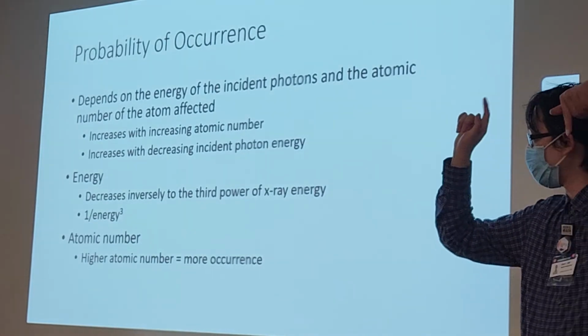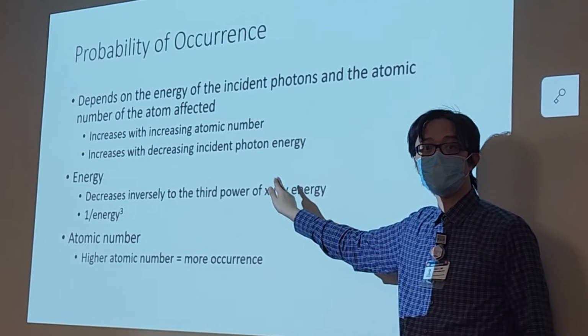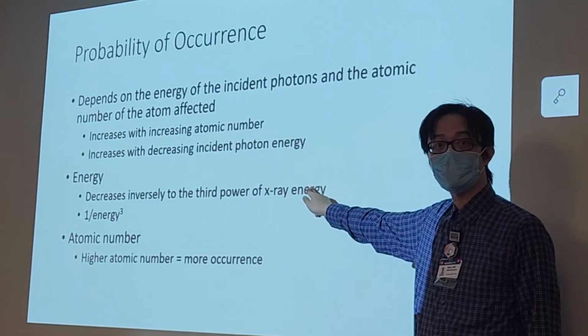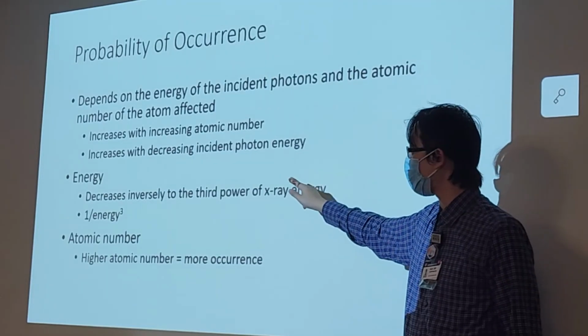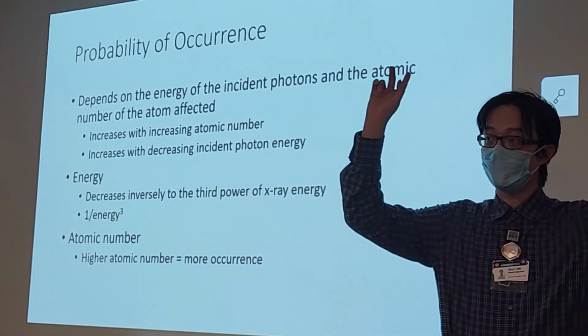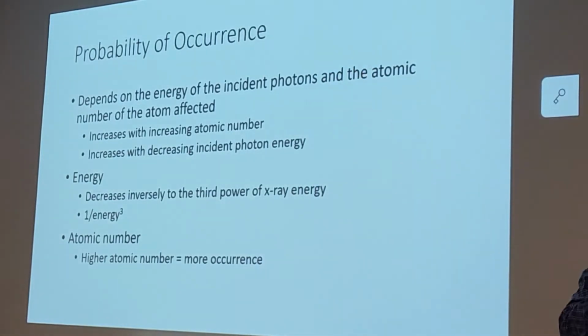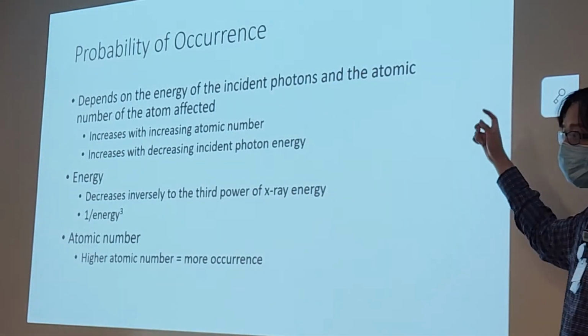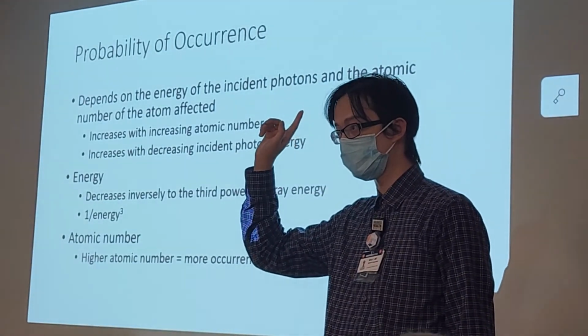Less, it decreases. So energy is inverse to absorption. As energy goes up, absorption goes down. You have more penetration and less photoelectric absorption when we raise the energy of our beam.